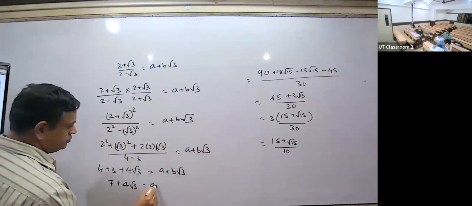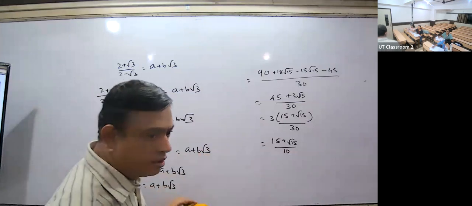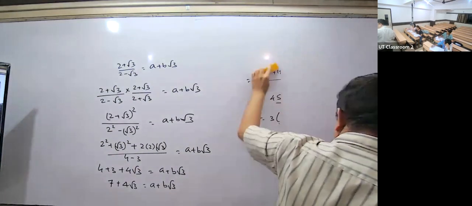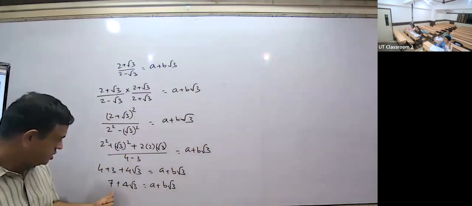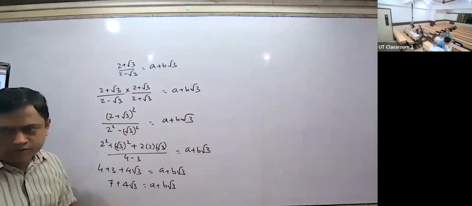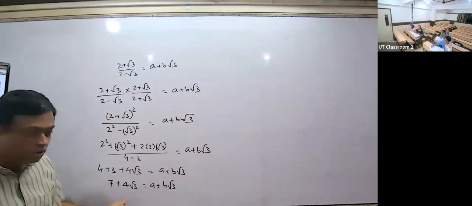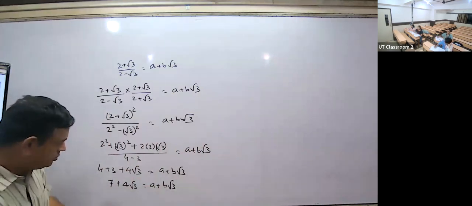What is going on? That is the best thing. That already got the answer. Now check. See, 7 plus 4 root 3 is A plus B root 3. So what is A? A will be 7. B will be 4, because B root 3, root 3 will not be there now.